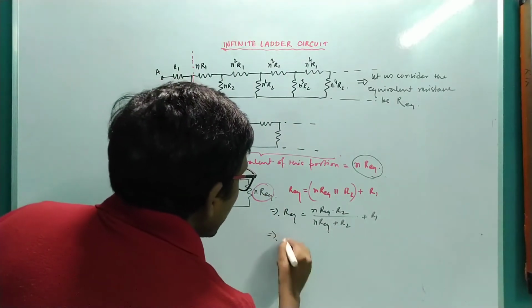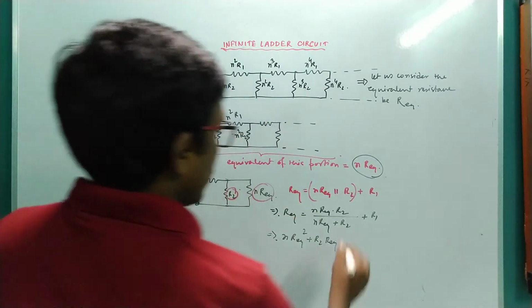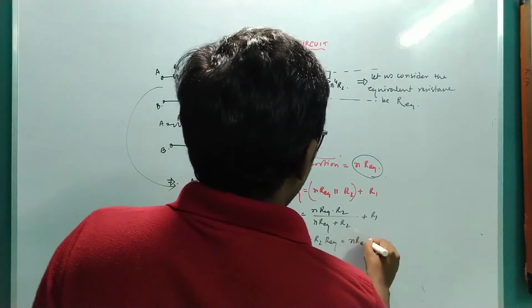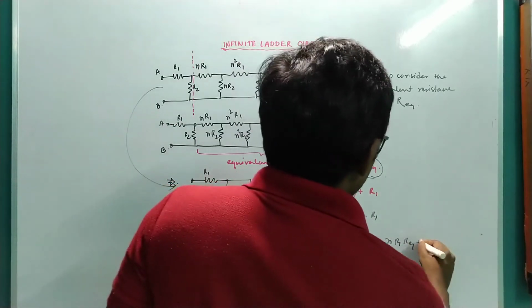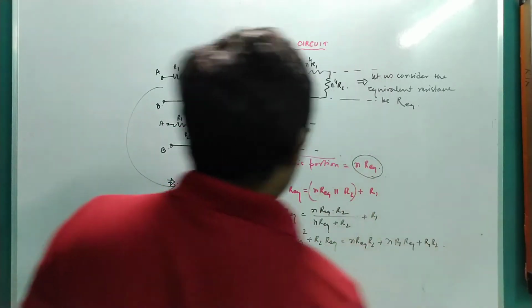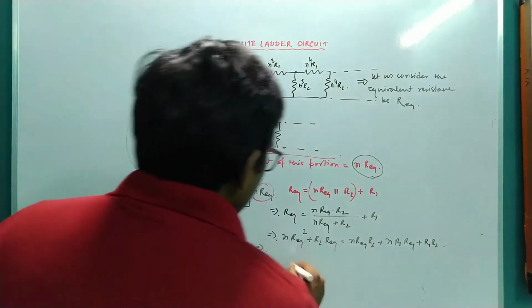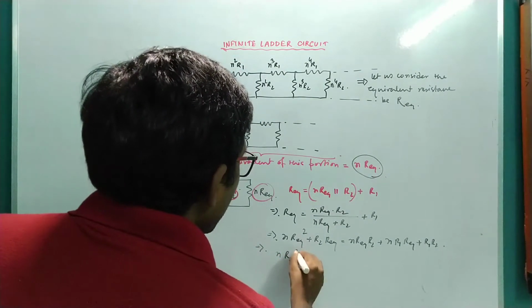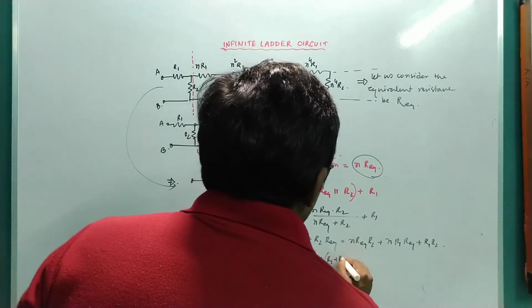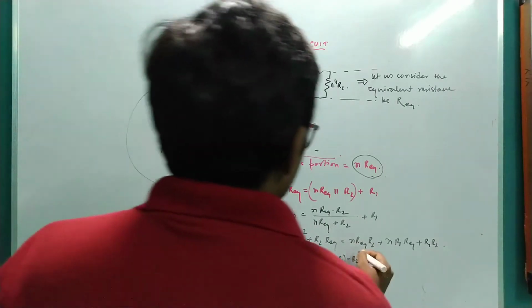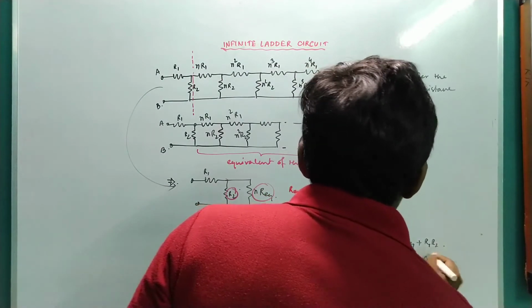Rearranging, N R equivalent square equals N R equivalent R2 plus N R1 R equivalent plus R1 R2, and this becomes N R equivalent square minus (N R1 plus R2 minus R2... ) into R equivalent minus R1 R2 equals 0.